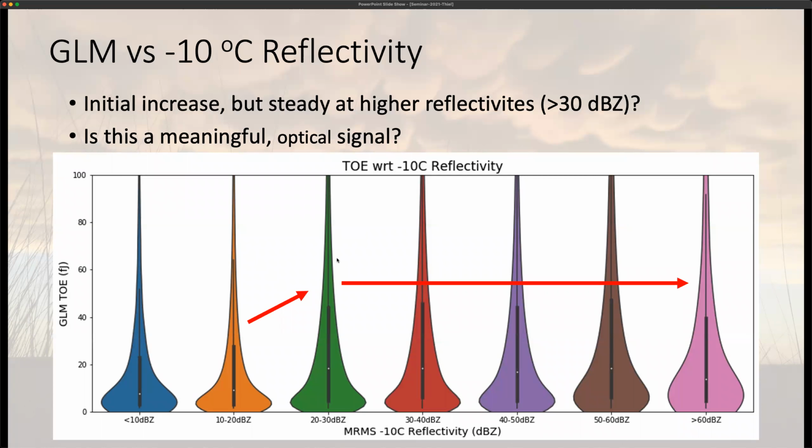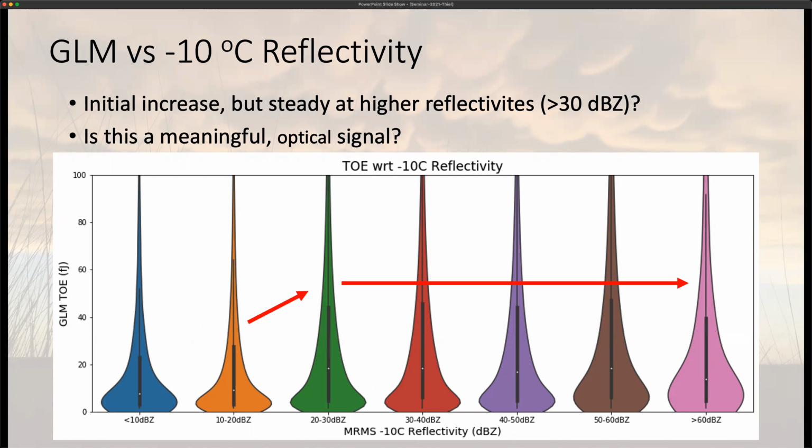What we observe is we do see increases in the distributions up until about 20 to 30 dBz, but then it essentially flatlines and remains consistent throughout the rest of that period up into the higher reflectivity values. And so we see this drop off.